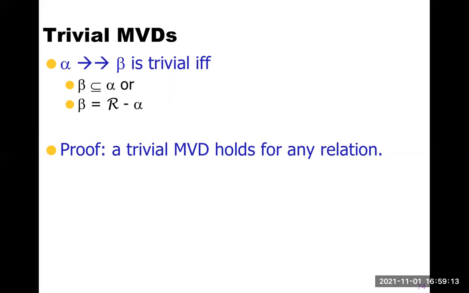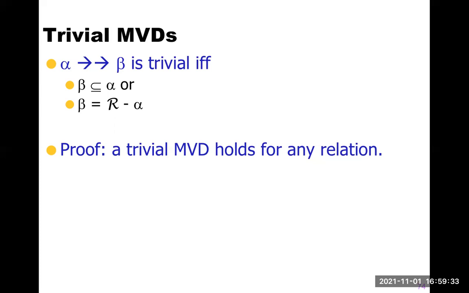So all the dependencies, if we may check them, every possible table will conform to these dependencies. So why do we need to think about them? Every possible relation, so that's not a constraint at all.